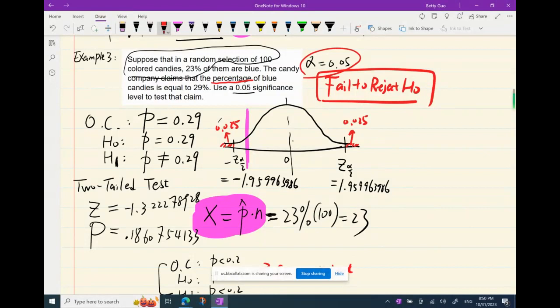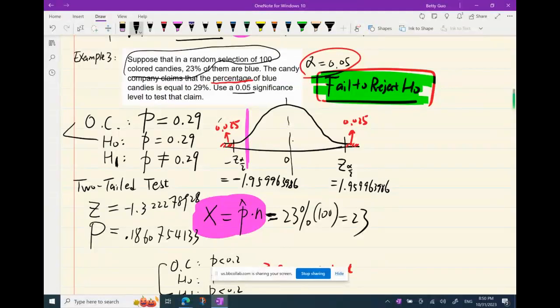The null must fly. Again, we fail to reject the null, right? When we fail to reject the null, what's the null? In our case, it's the same as the original claim. If we fail to reject the null, then we fail to reject the original claim, right?